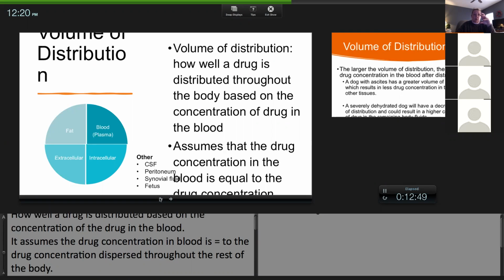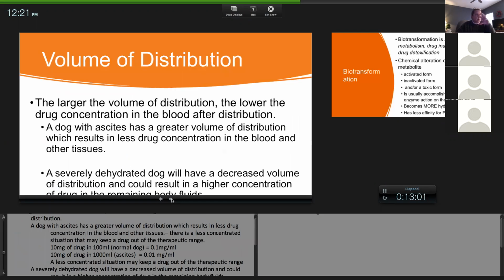So some of that is going to go to the fat component. Sometimes it's going to have a higher affinity for a different area. That's what we're talking about with the volume of distribution: where is the drug moving in the different compartments?